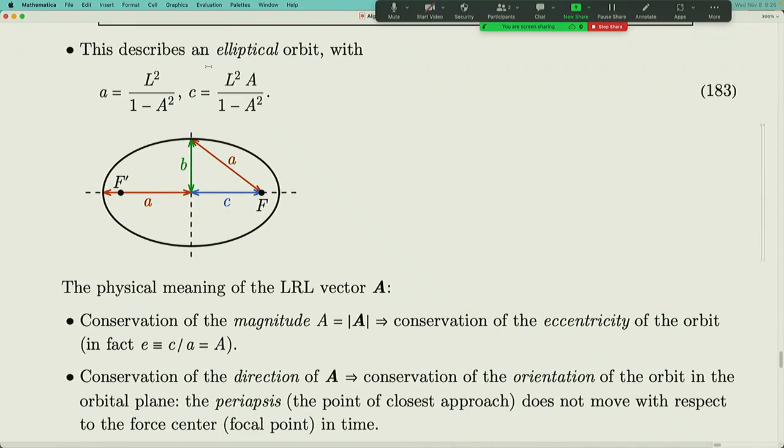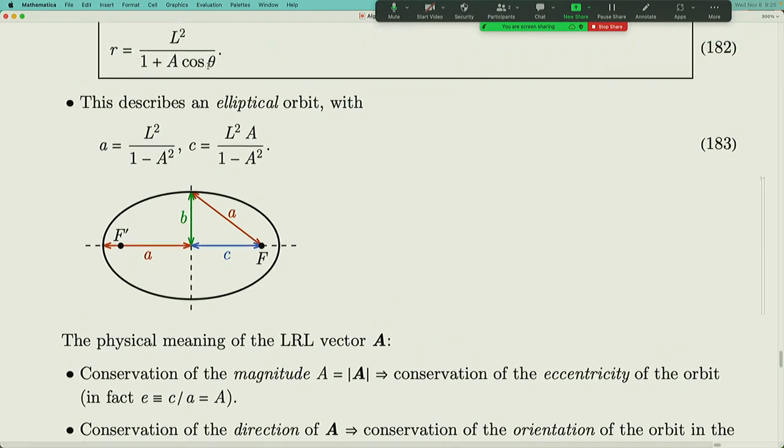In geometry, we know there's a relation between a, b, and c for an ellipse: b squared plus c squared is a squared. Using this orbital equation above, we can also infer what a and c are, and they are given by these expressions.